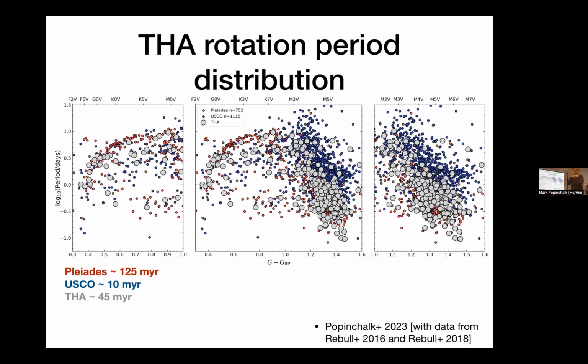With TESS, with just a single sector of 28 days, you're going to get at least 2 to 3 rotations for anything under 10 days. And so I would argue that anything under that is probably within this age range.